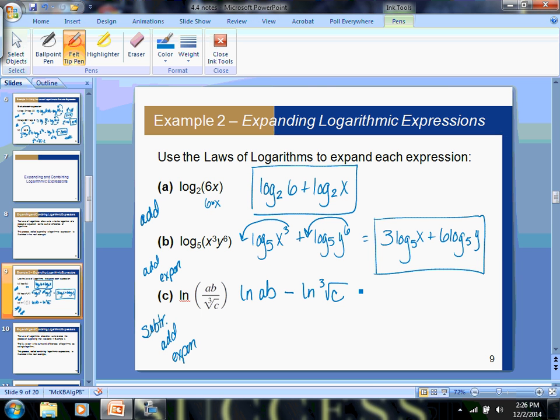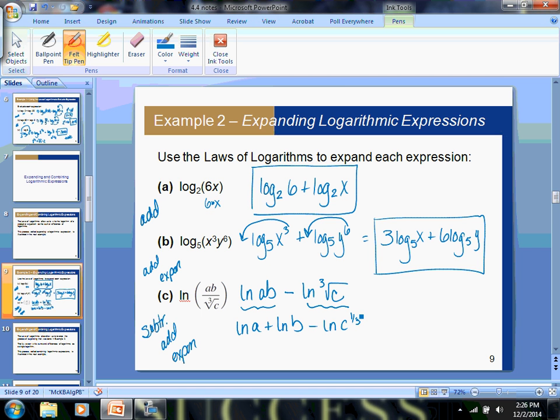So we take the numerator and then the denominator. We go in order. Okay, so I changed it from division to subtraction. Then this part here, that's multiplication, a times b. So I can break that apart into the natural log of a and the natural log of b. So break it apart with addition. And then this other part here, I'm going to rewrite that as the natural log of c to the 1/3.